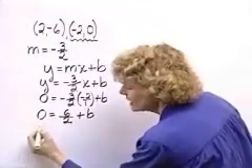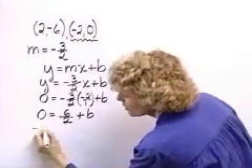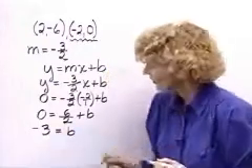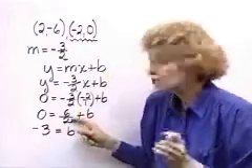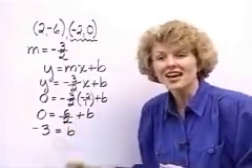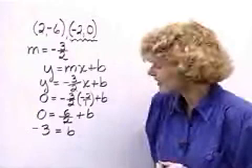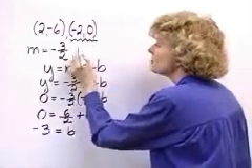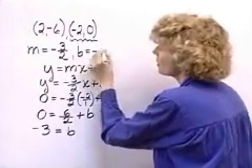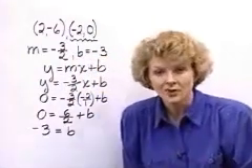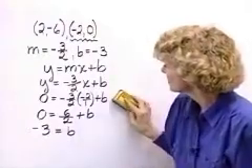That will be negative 6/2, or negative 3, is equal to b. Once again, notice we have 6 over 2, which is 3, and then if I think of subtracting 3 from both sides, I have that b is negative 3. So now we know the value of b, we know the value of the y-intercept, and now we can use the slope-intercept form to write the equation.